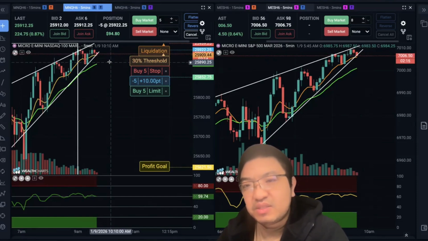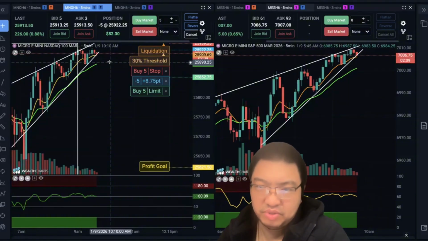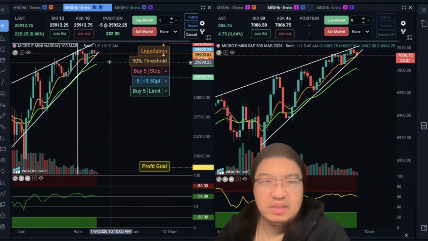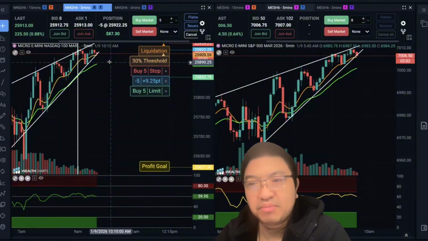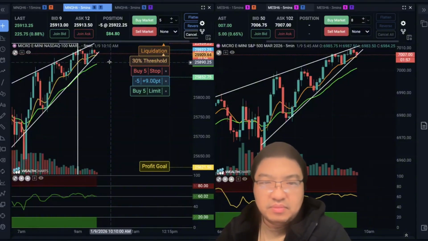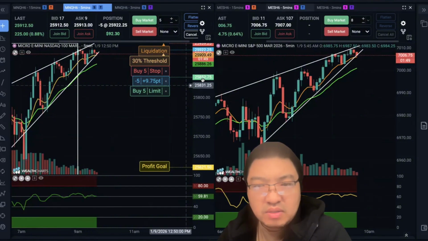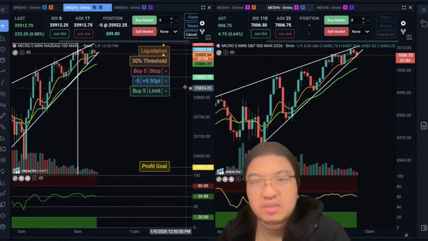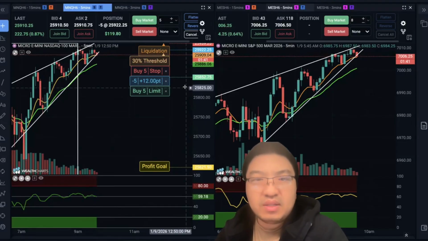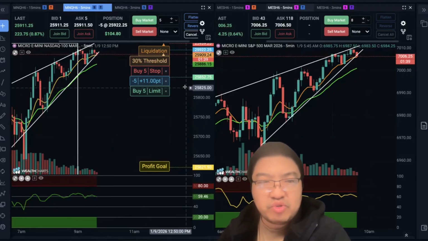Because for ES, I see it's trying to break the lower bound of the channel. And both ES and NQ get defended by EMA 89. 17 points. And what's mine? Oh, it's like 70 points. 70 versus 17. Oh, 3 to 4 risk reward ratio.